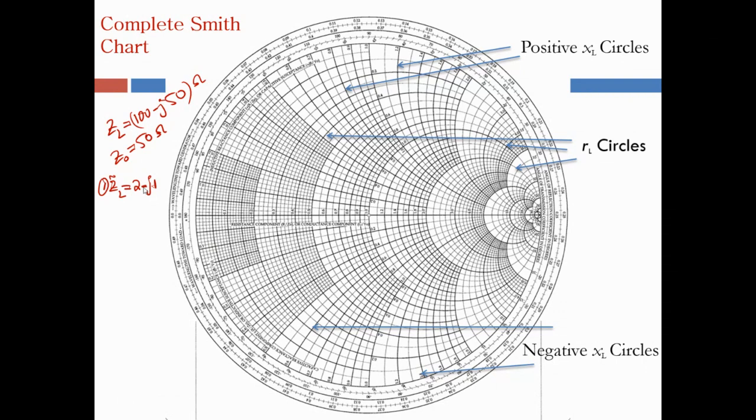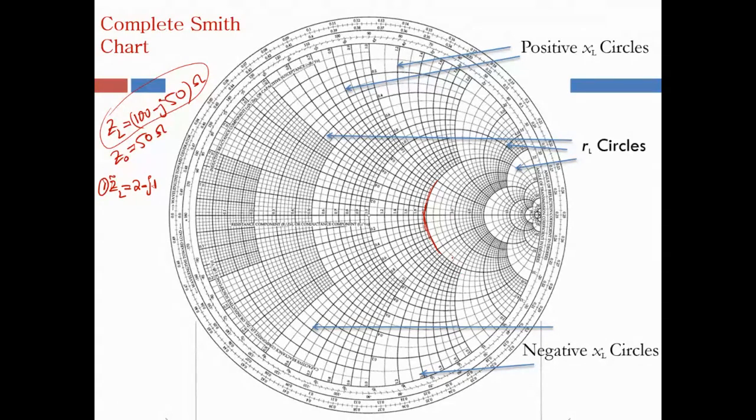So the real circle of 2, do you see the 2 in here? This is 3, this is 4, this is 2, right? So we are going to be somewhere on this circle. But the point on the circle that relates to this particular load is the intersection of 2 and minus 1.